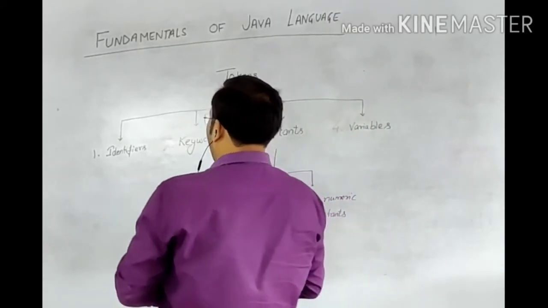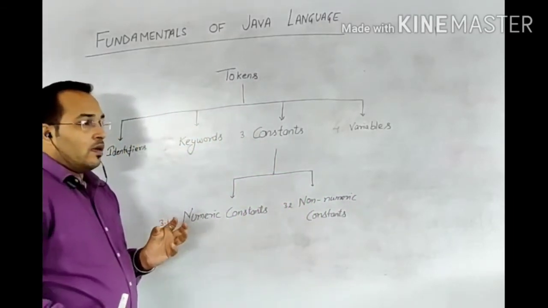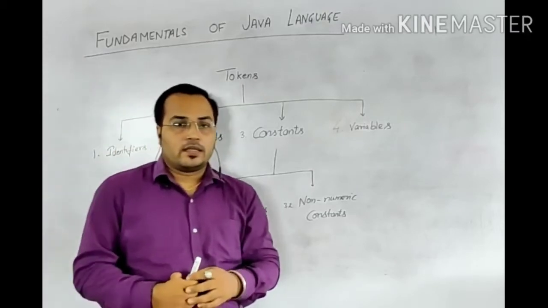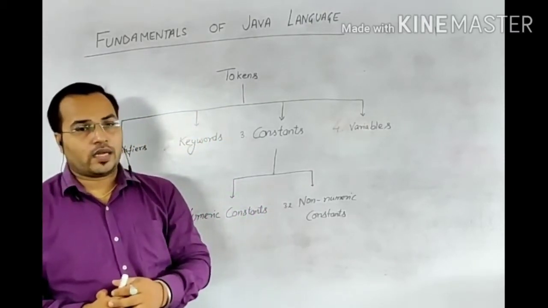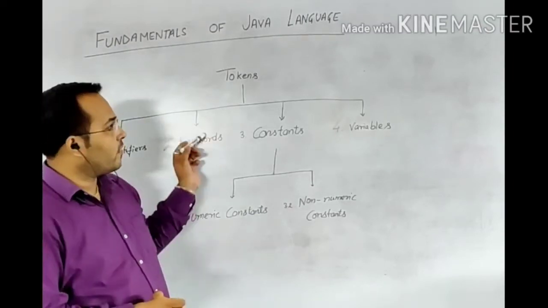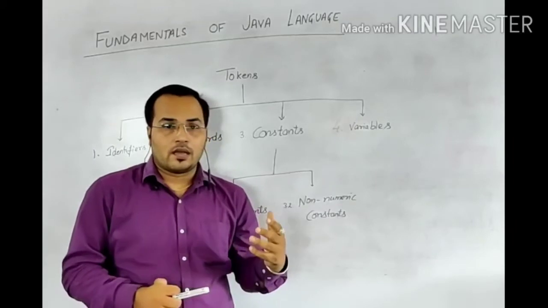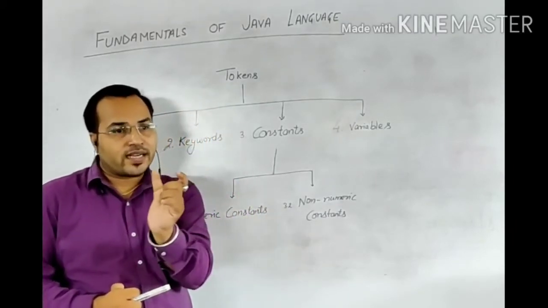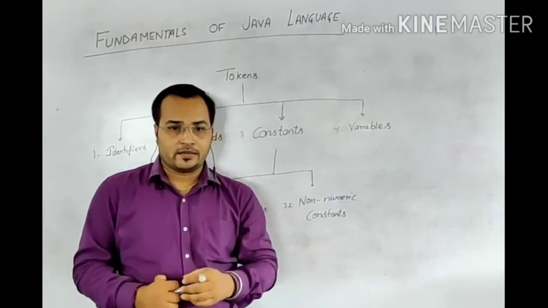First of all, identifiers. What is an identifier? By the name it is very clear that it is used to identify something. Suppose you are giving a name to a class, XYZ. XYZ identifies which type of class you are designing.